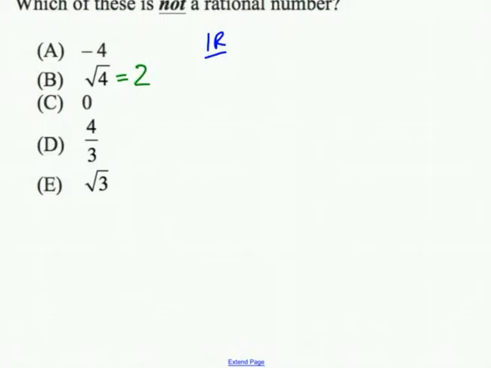So negative 4 is nice and rounded. 2 is nice and rounded. 0 is nice and rounded. 4 over 3 is tempting. However, that is 1.3 repeating. So repeating is actually rational. Rational means you can write as a fraction. If something is repeating, it can be written as a fraction. So that leaves my answer of E. Square root of 3 is a never-ending decimal that does not repeat.